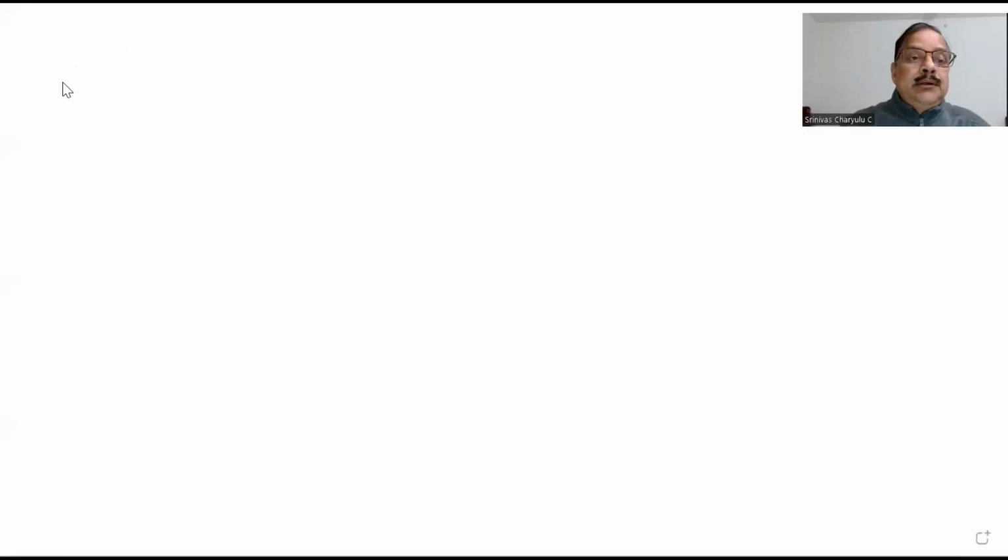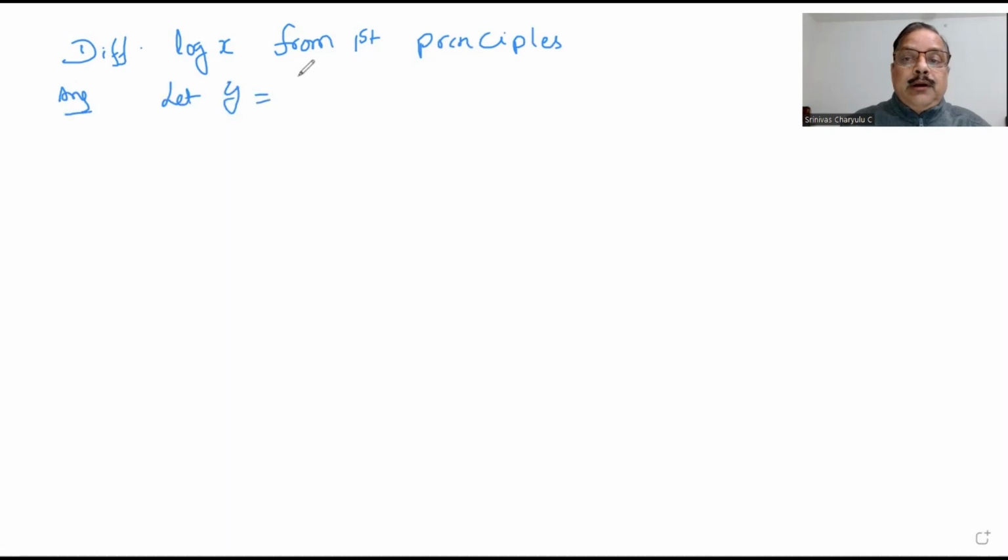Differentiate log x from first principles. You have to remember step by step. Let y is equal to log x. This is our first equation.